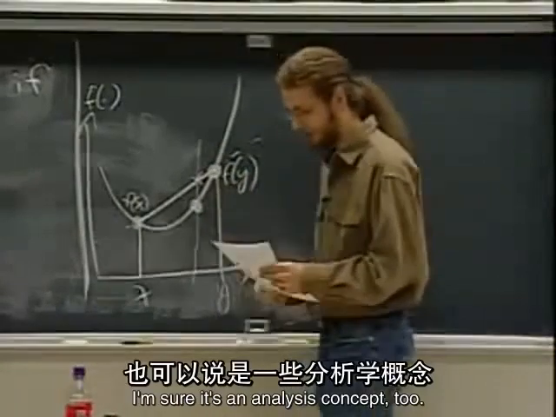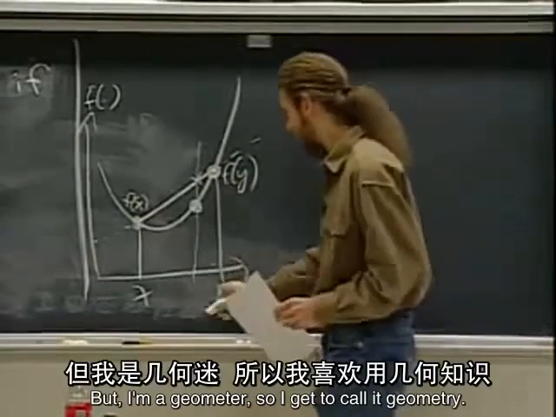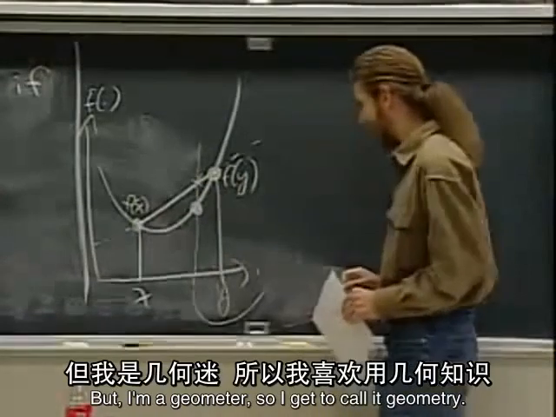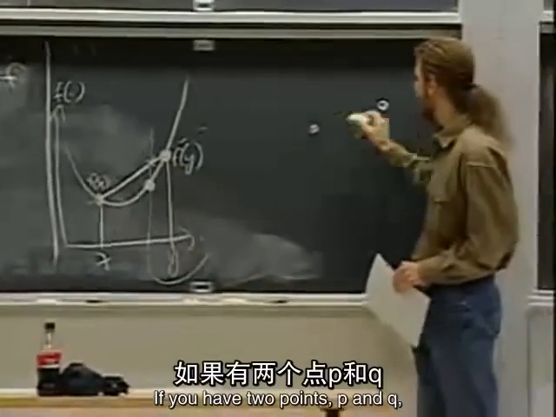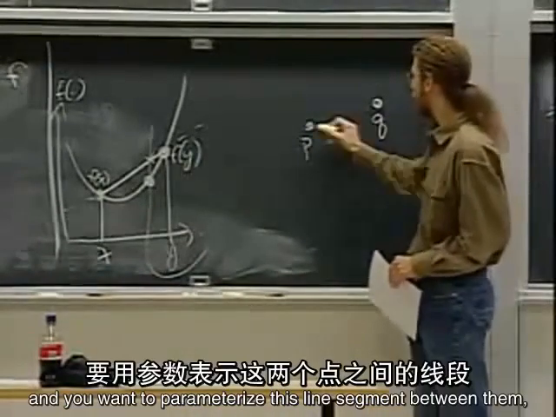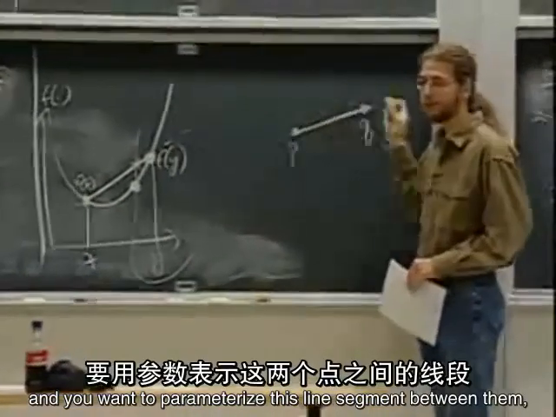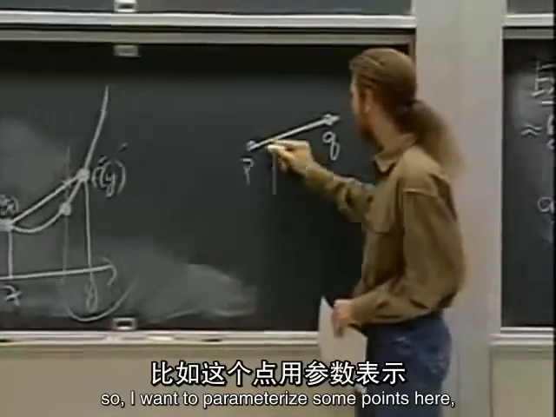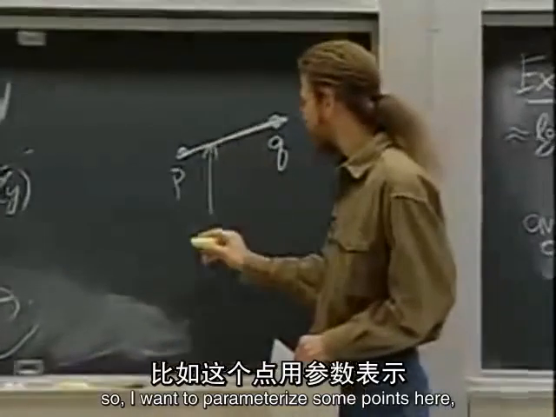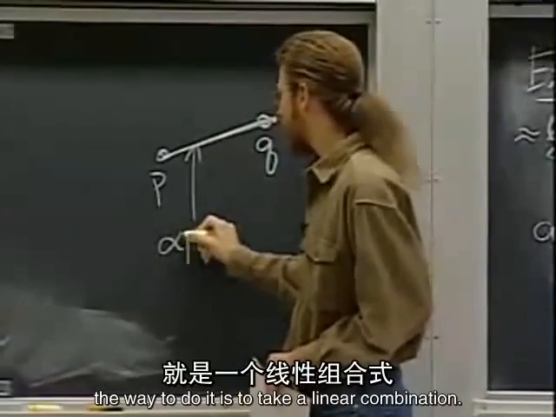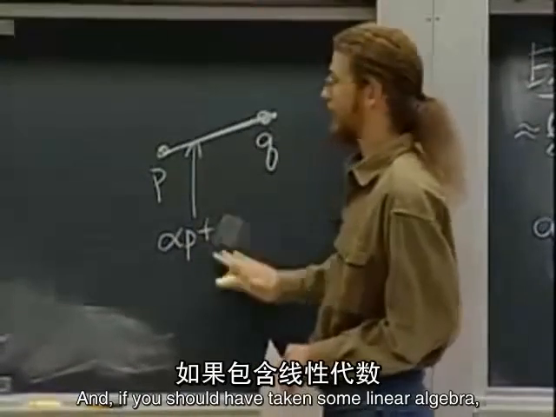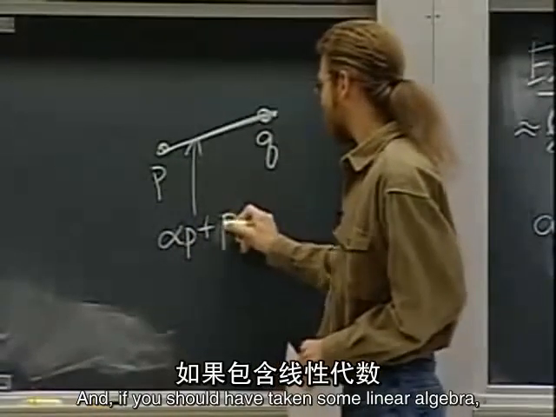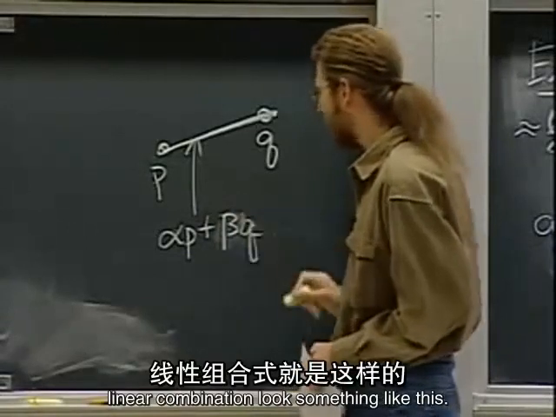I'm sure it's an analysis concept too, but I'm a geometer, so I get to call it geometry. If you have 2 points, P and Q, and you want to parameterize this line segment between them, the way to do it is to take a linear combination. You should have taken some linear algebra; a linear combination looks something like this.